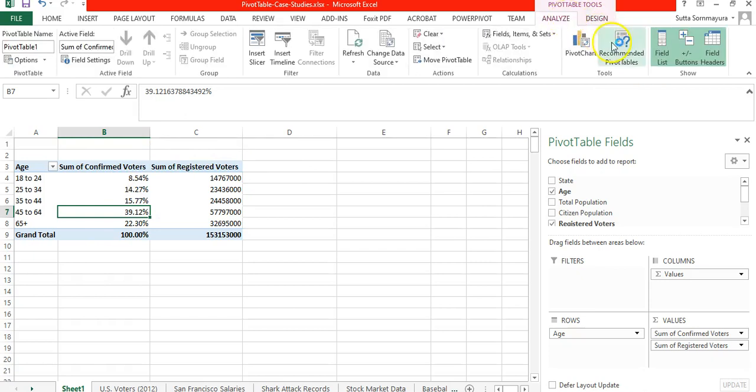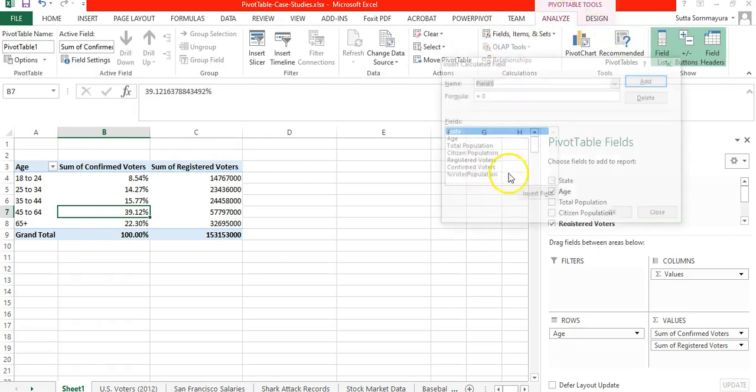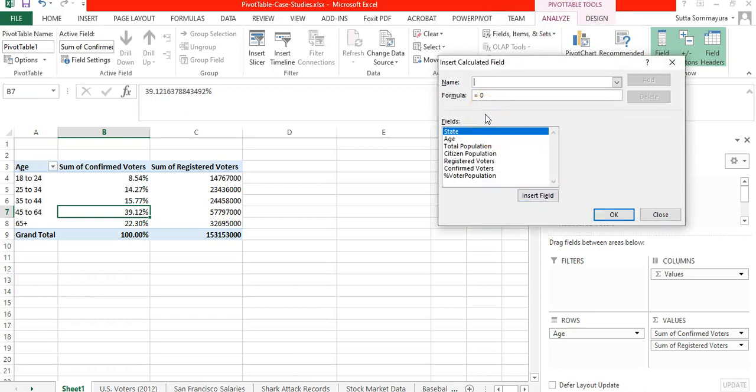So you can go to this calculated field, right? And you can create voter turnout, which is equal to confirmed voter divided by registered voter.